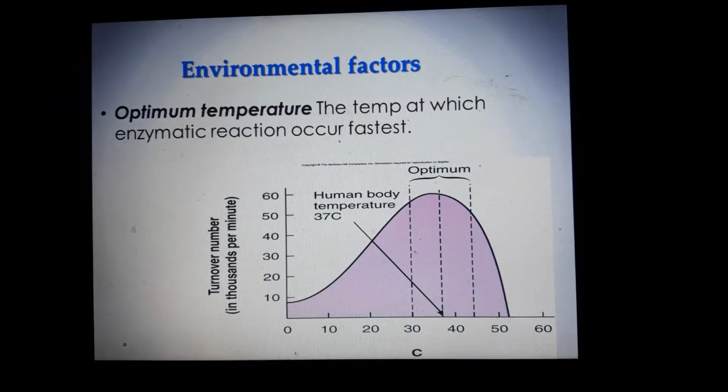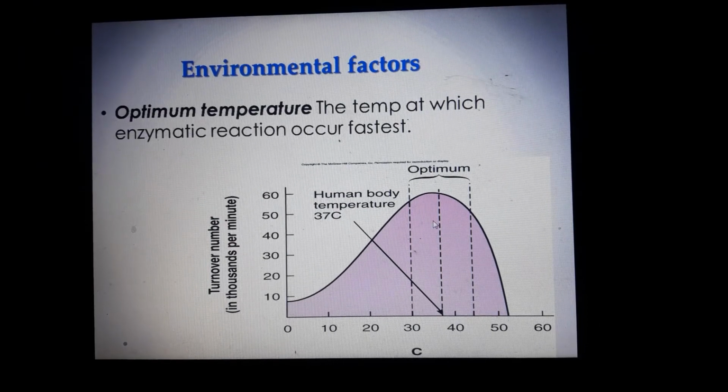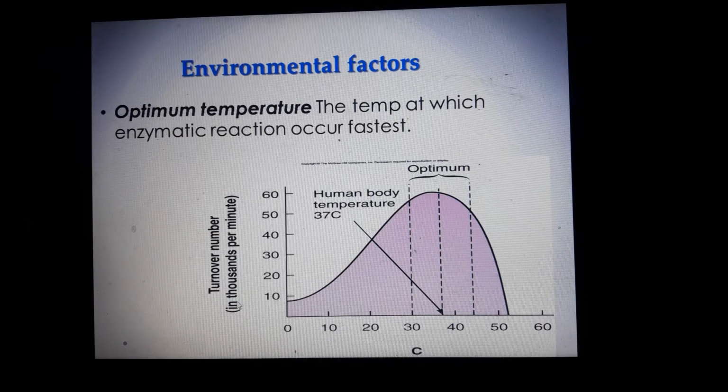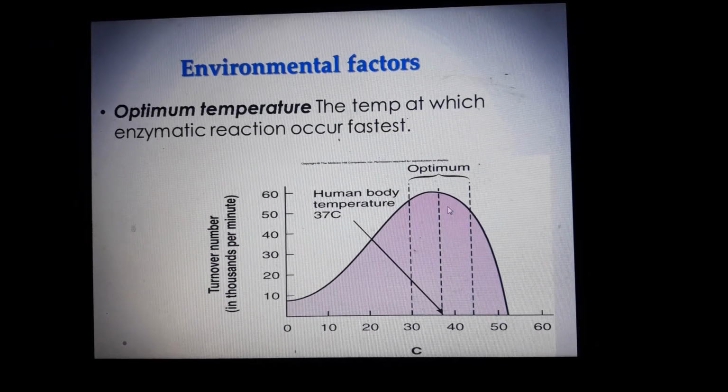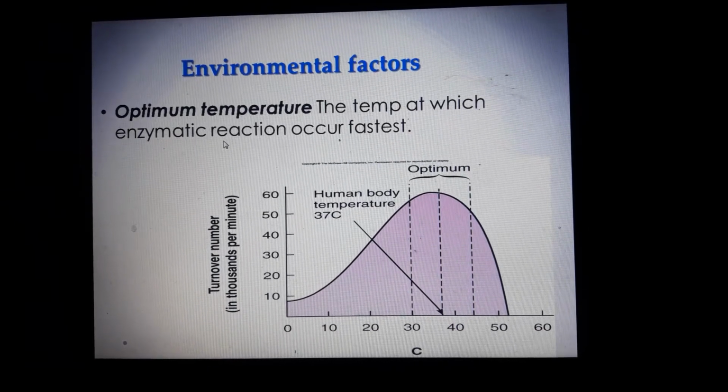Optimum temperature, take note: in the human body, optimum temperature is 40 degrees Celsius. It can go 40 to 60, but usually at 60 it no longer works. After that, the enzyme effect is denatured.